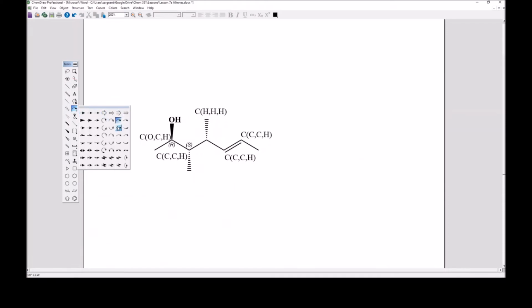So the arrows are going to look like this. It goes from this carbon to this one to this one. That looks an awful lot like it's going in an S fashion, but because the hydrogen is coming towards me, I'm looking at it backwards, so it should show R.